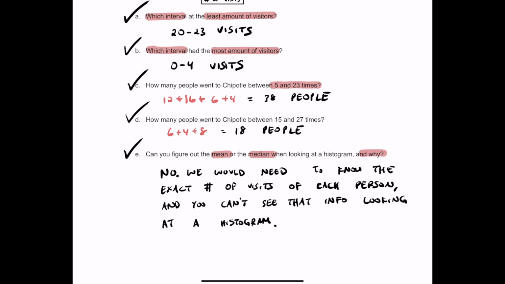Again, we know generally what the trend is and what the distribution looks like, but we don't know specific values just looking at it.